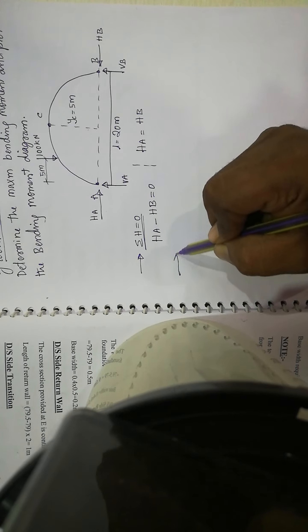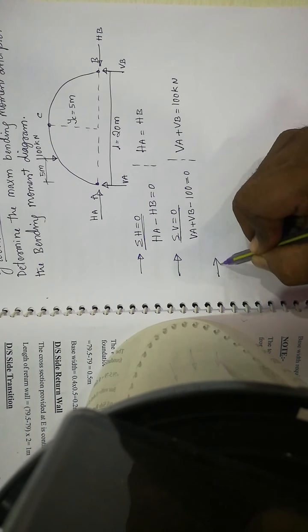Now coming to second equation, it is sigma V is equal to 0. Here we have VA plus VB minus 100 is equal to 0. If I rewrite this equation, I will get VA plus VB is equal to 100 kilonewton. So this is my second equilibrium equation.